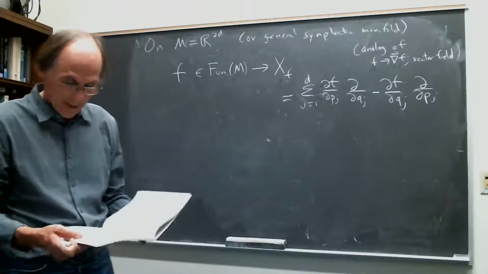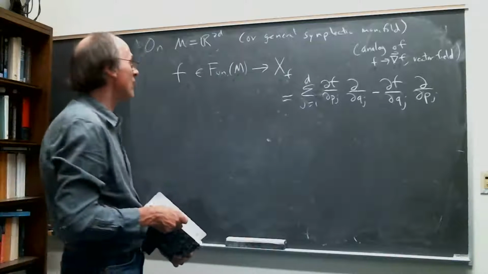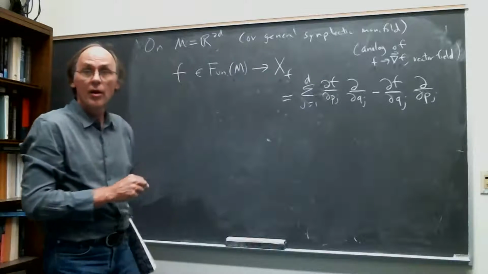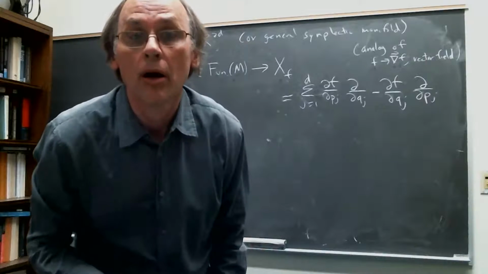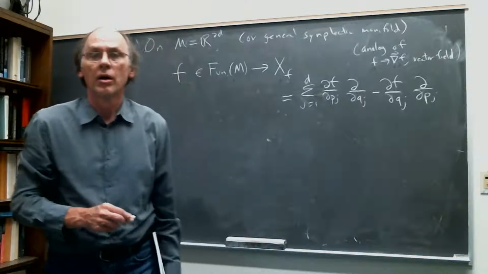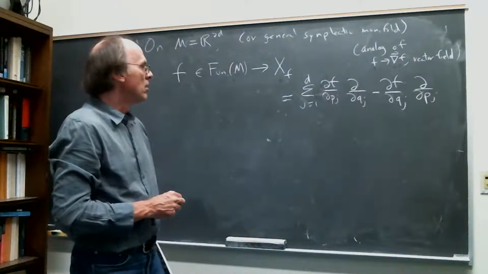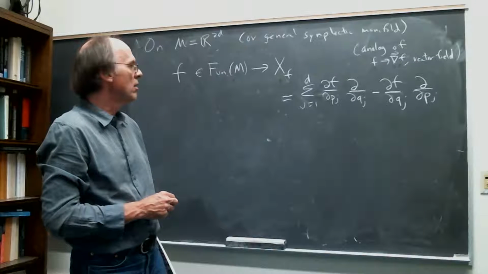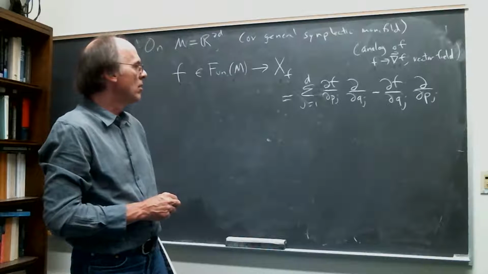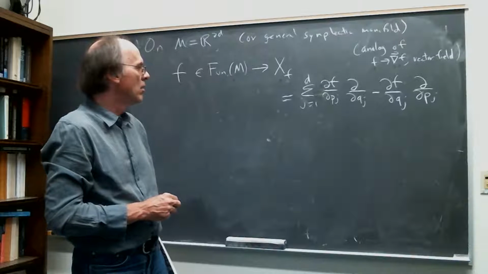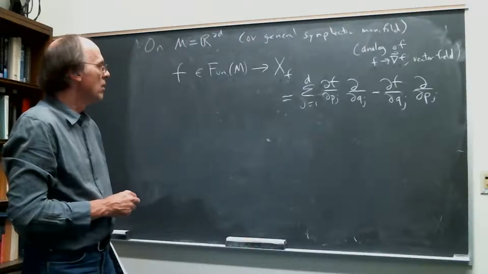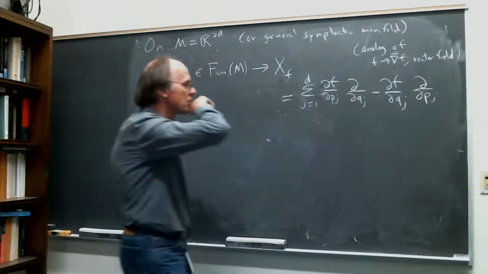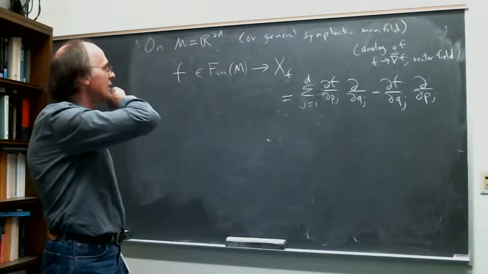Okay, and now is it invariant under coordinate change? If you use another system of p_i prime and q_i prime, are these two the same? Yeah, I mean, this expression I've written should transform as a vector.